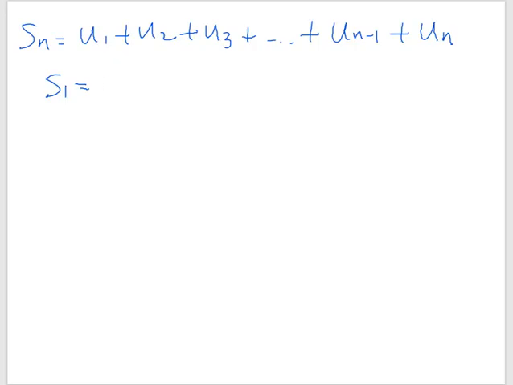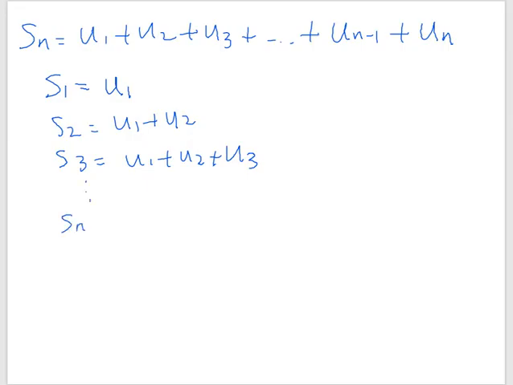So S1 means you add the first term. S2 means you add the first two terms. S3 means you add the first three terms. So that's why U1 is the same as S1, because Sn means you add the first n terms. So S1 means you just add the first term. So S1 and U1 have the same value.